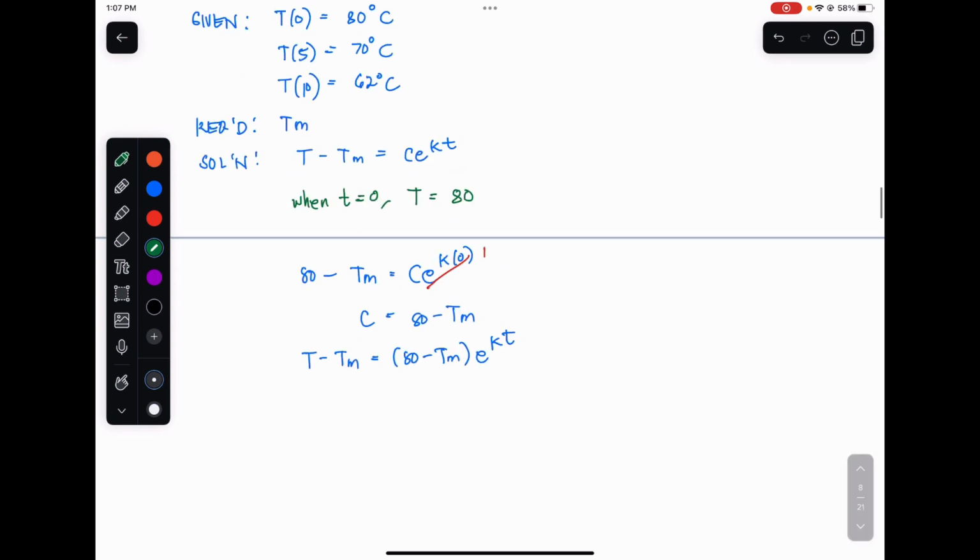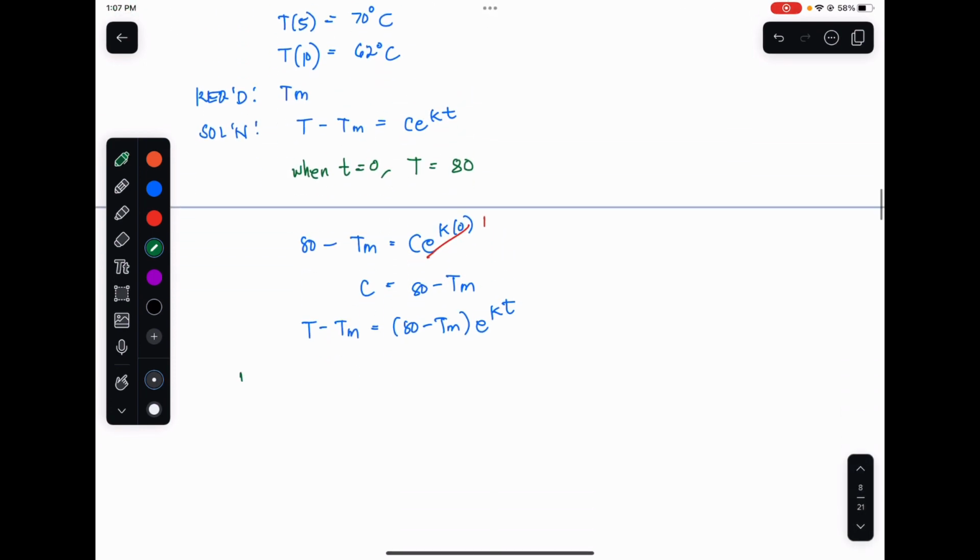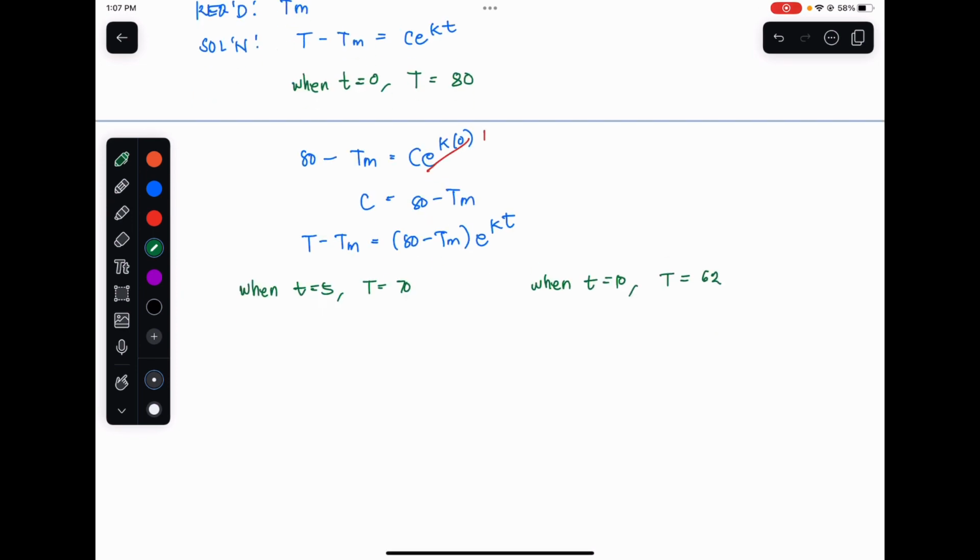But we have two unknowns, so we need two initial values. When t is 5, the temperature is 70. The other one is when t is 10, the temperature is 62. We substitute them both into our equation to find the value of T sub m.